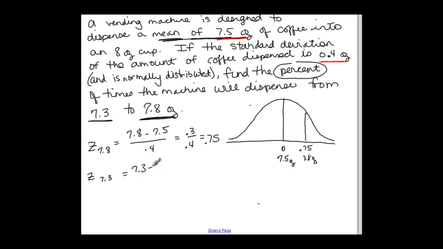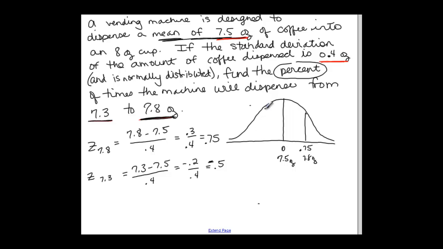So 7.3 minus 7.5 divided by 0.4 would give me a negative 0.2 divided by 0.4, which is a negative 1/2. You can do that in your calculator, or as you simplify, see that 0.2 over 0.4 is a negative 1/2.